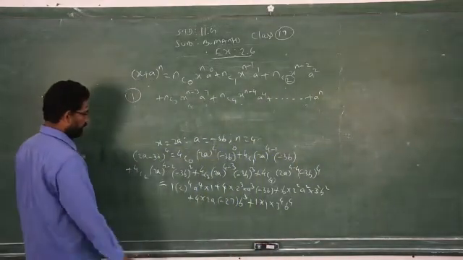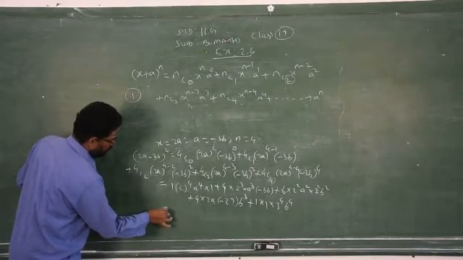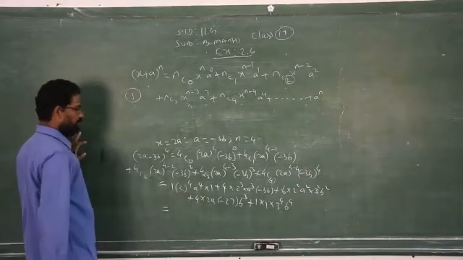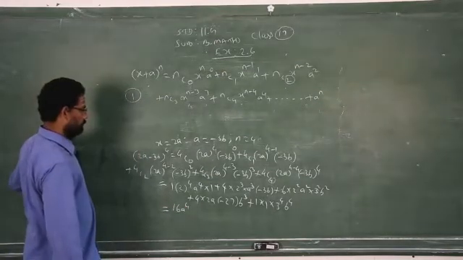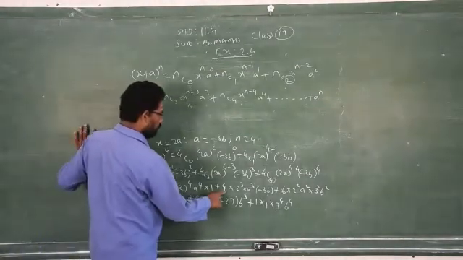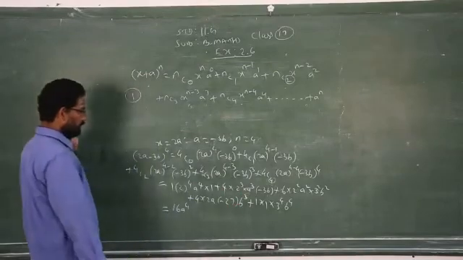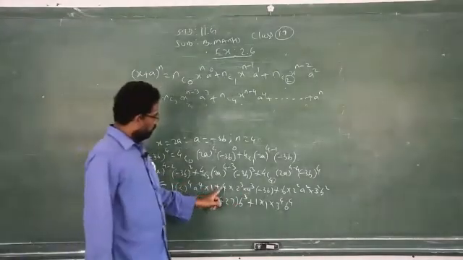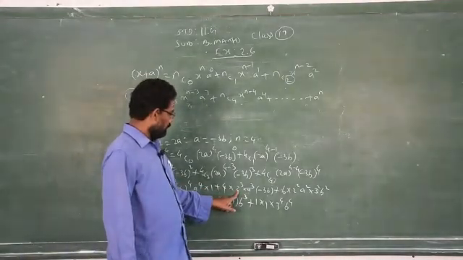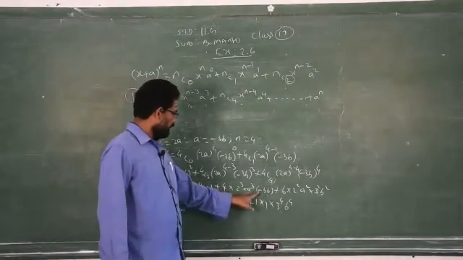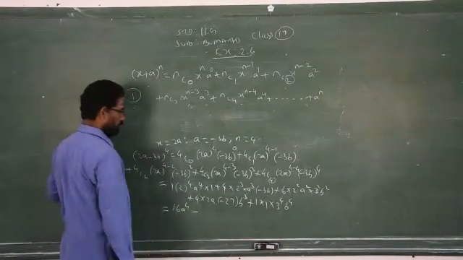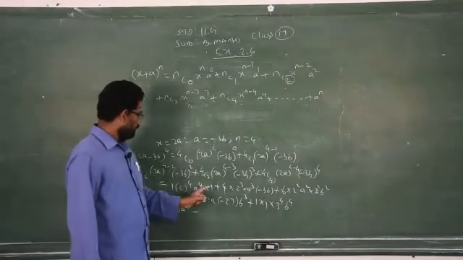Now you have to simplify these. You can simplify and write: 2 power 4 is 16, a power 4. Next, 2 power 3 is 8, and minus 3. First you multiply the sign.